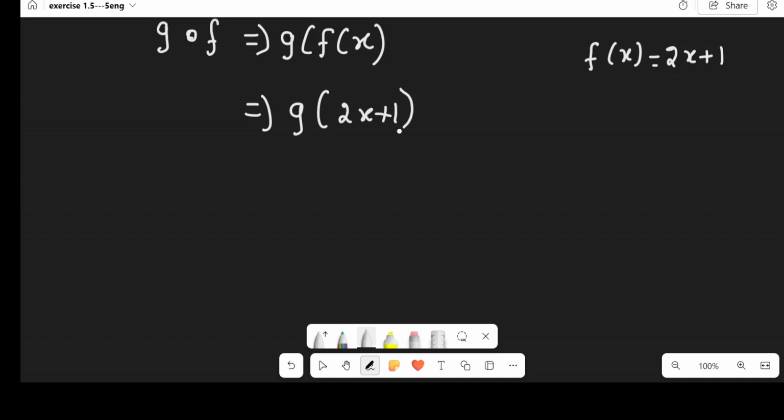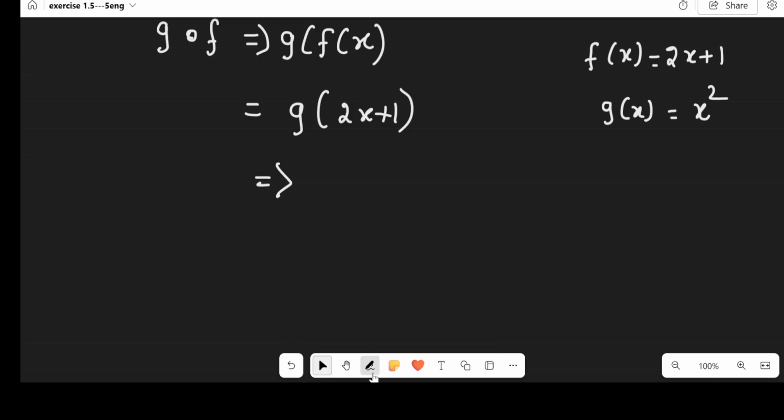And what would be the next line? Here g is given, so I'm going to take the g of x function. What is the g of x function? In the question, g of x is x square, right? So in this formula, I should apply the value 2x plus 1 in place of x, right? That is the step we need to follow.